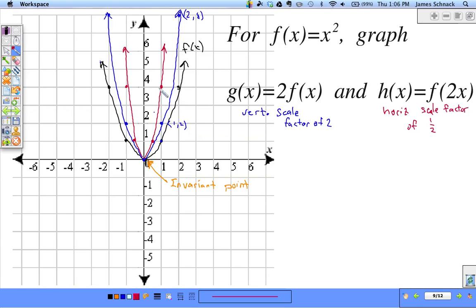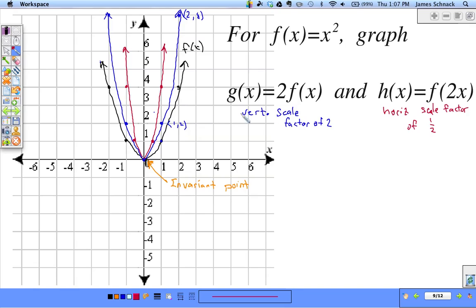And you can see that this is a horizontal compression. We've gotten closer to the y-axis. The blue graph is a vertical expansion. We've gotten further away from the x-axis with our points. And although these can both be considered one or the other, the horizontal compression is really the same thing as a vertical expansion.